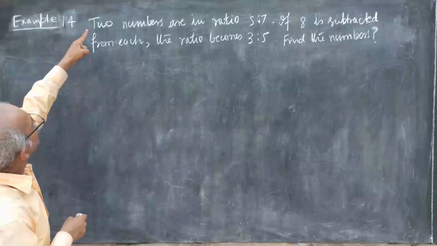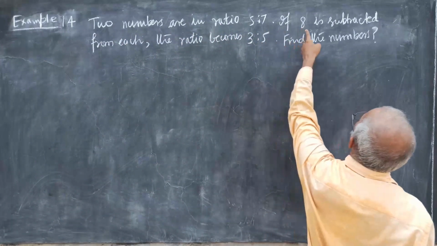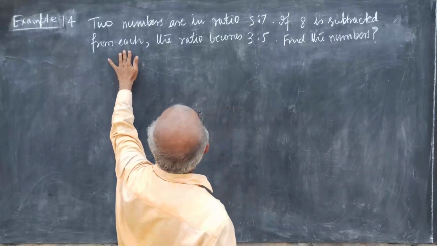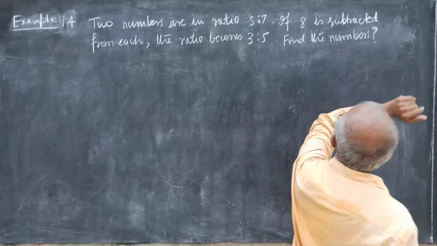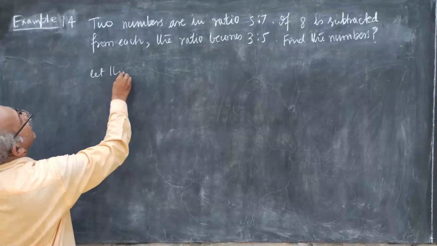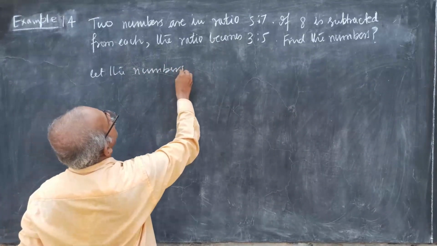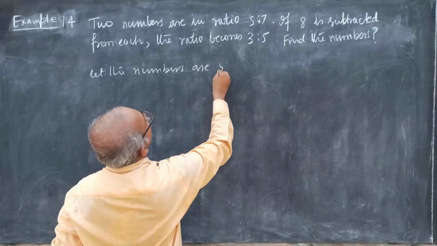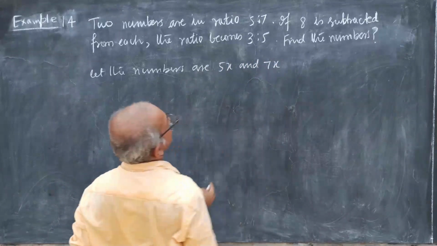Example 14. Two numbers are in the ratio of 5:7. If 8 is subtracted from each, the ratio becomes 3:5. Find the numbers. Let the numbers be 5x and 7x.